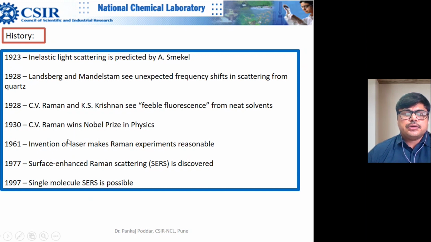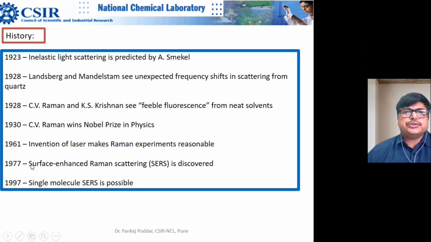So chemists made a lot of new discoveries using Raman instrumentation, and finally electrochemists from one UK university saw the surface enhanced Raman scattering effect in 1977.